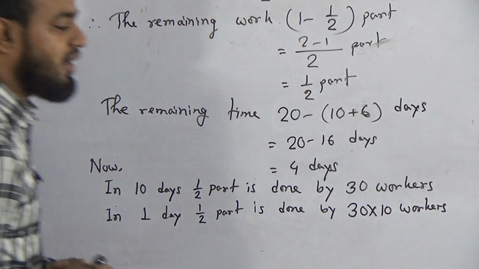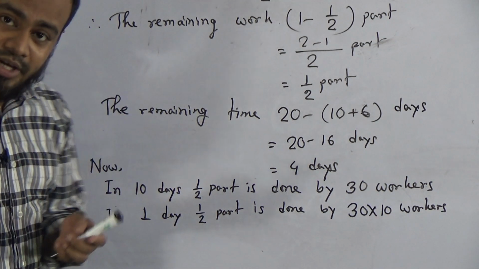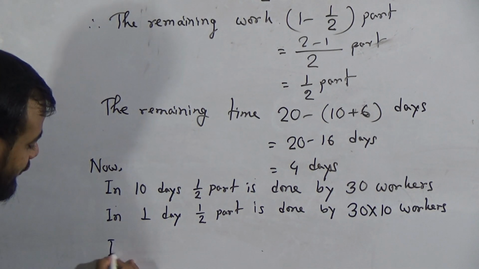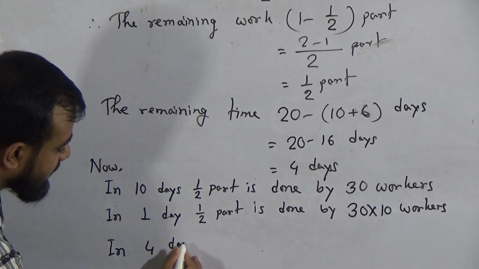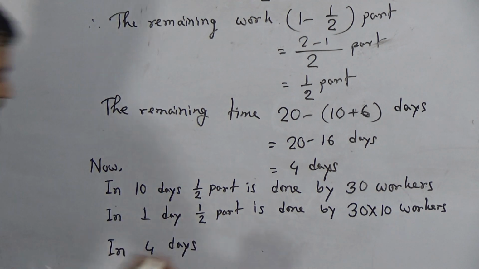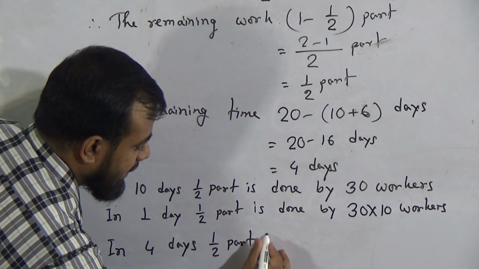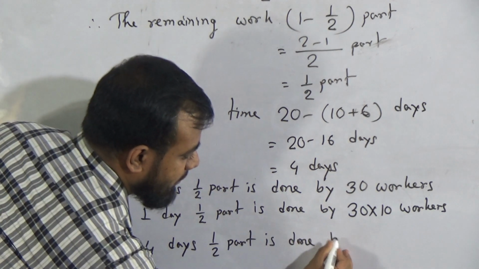And similarly, if the number of days is increased, then the number of workers will be decreased. Now in 4 days, the number of days is increased, so it will be divided. Now 4 days half part is done by how many workers?